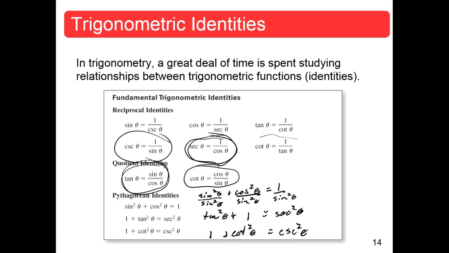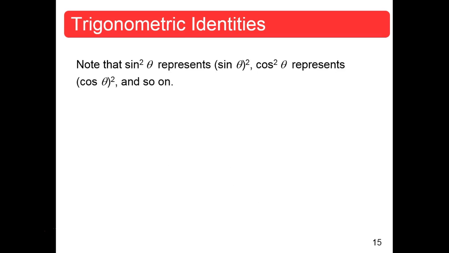Now, they do make a little note here. Let's see if they do it here. Yes. I like to write it, and the book likes to write it too. It's pretty standard. What sine squared theta means is the sine of theta, squared. Okay? Not theta squared, but the whole function squared. So I like to put it by the function itself.